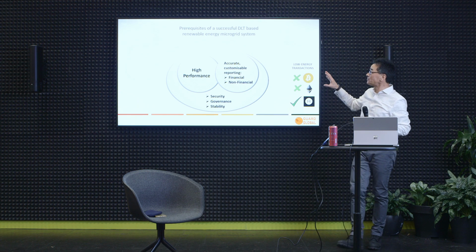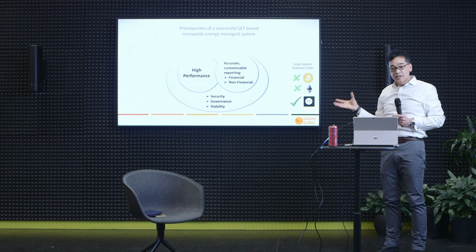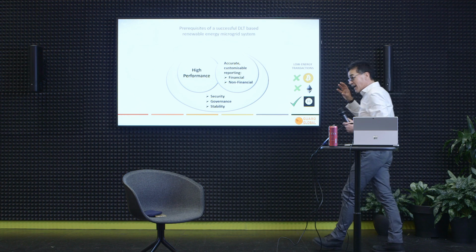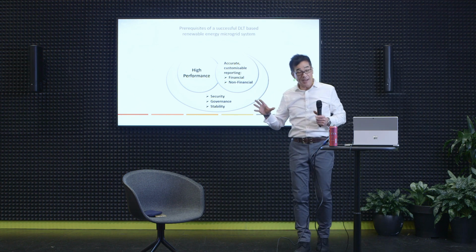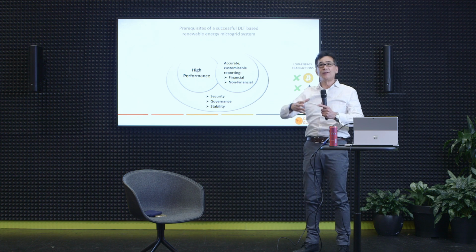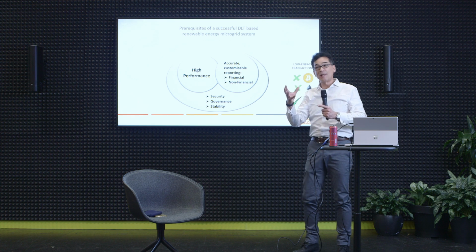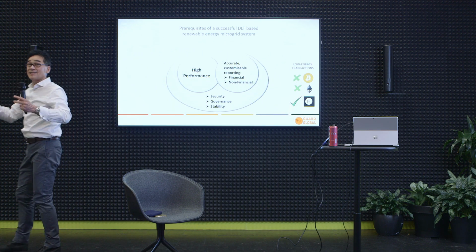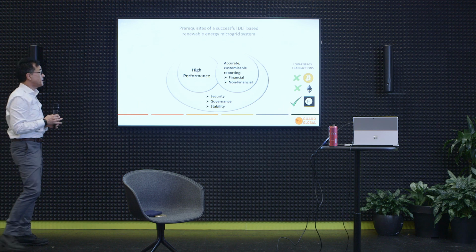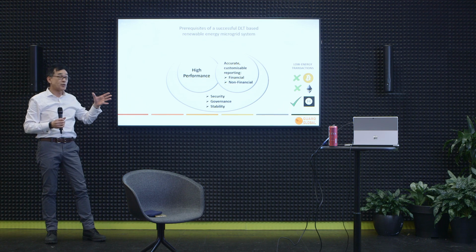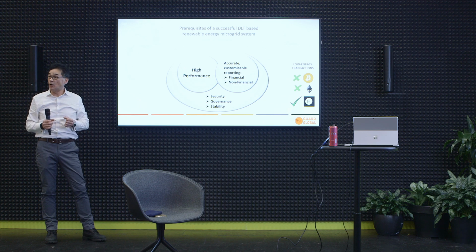So, in order to develop this, there are prerequisites, because microgrid technology is not easy to manage. We need high performance. You can imagine the volumes of data that are produced when you generate 1 kilowatt hour of electricity, then consume it on an ongoing basis across multiple microgrids. You need accurate, customizable reporting, both financial and non-financial.